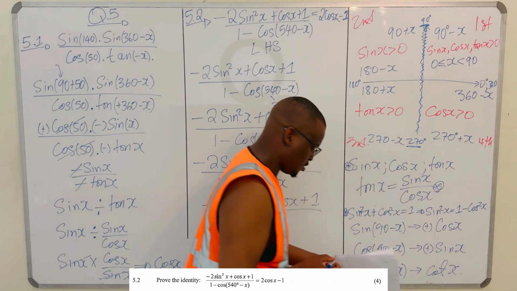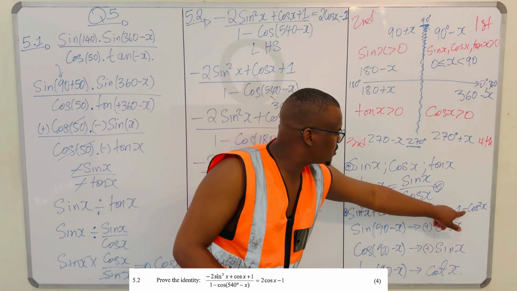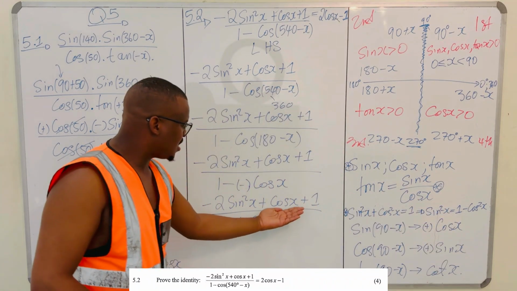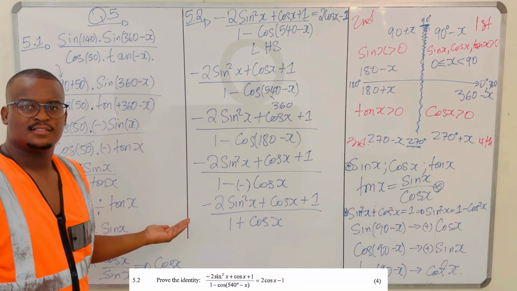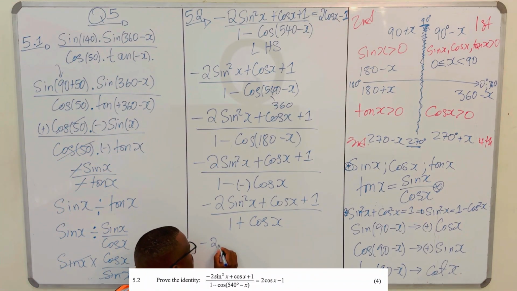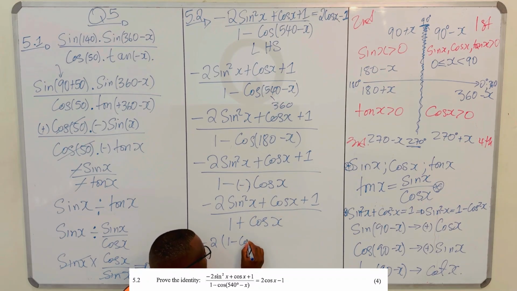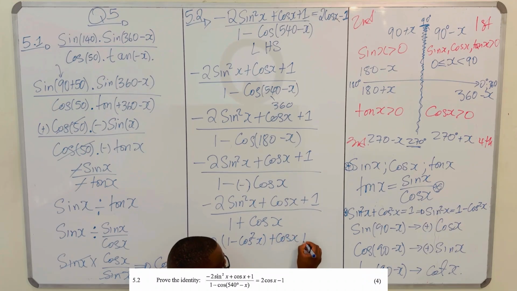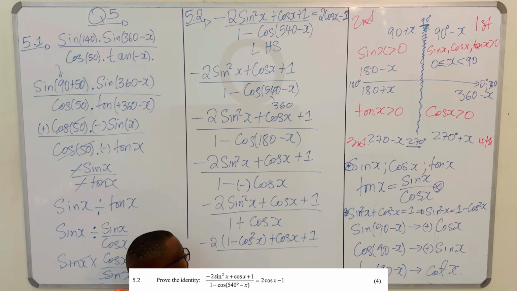Which means where you see sine squared x, you put that identity there, so at least they will all look like cosines. So what do you have? Minus 2 times sine squared x, where sine squared x is 1 minus cos squared x, plus cos x plus 1, all divided by 1 plus cos x.